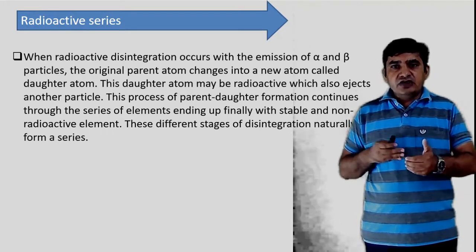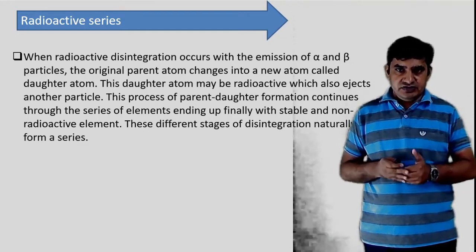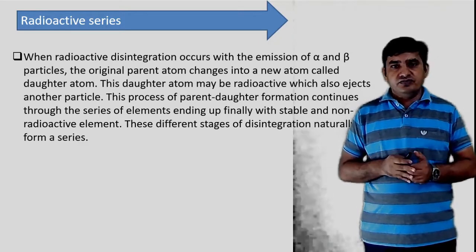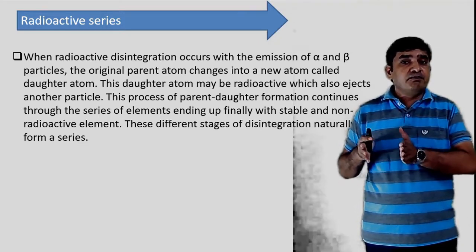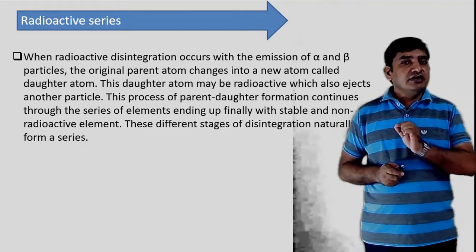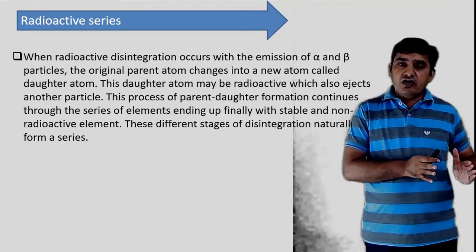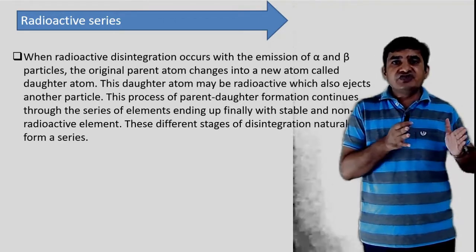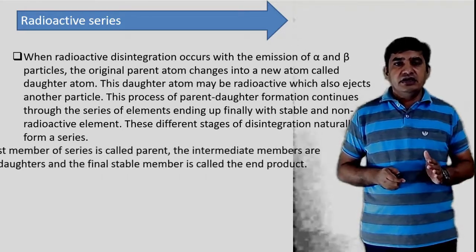This parent-daughter formation process is continuous, and finally the end product is a stable nucleus. The end product of this radioactive series is a stable nucleus.